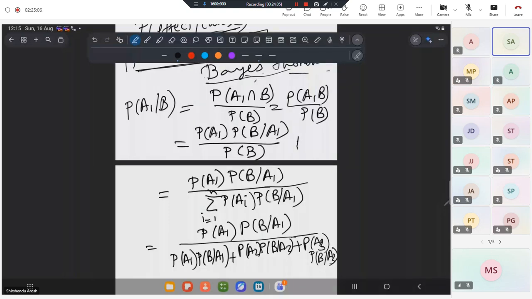That is how you find the probability of one particular cause, given that the particular effect has already happened, from the probability of the cause and the probability of the effect given that the cause has happened.